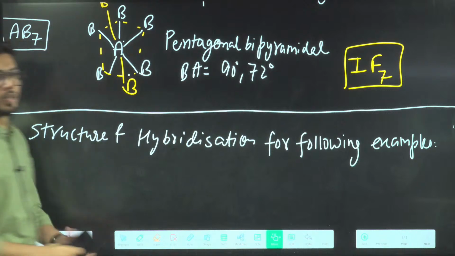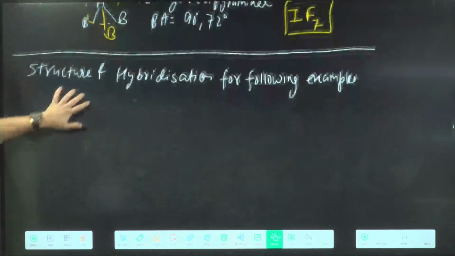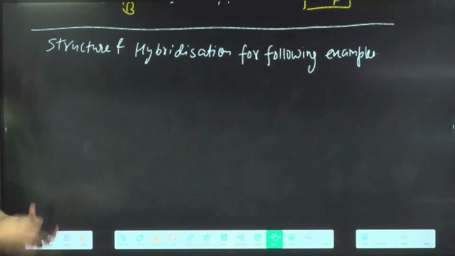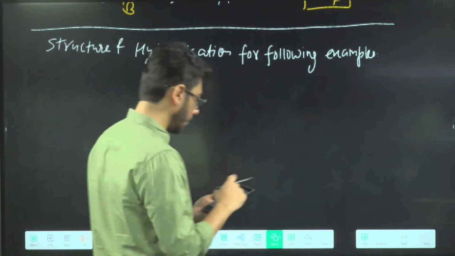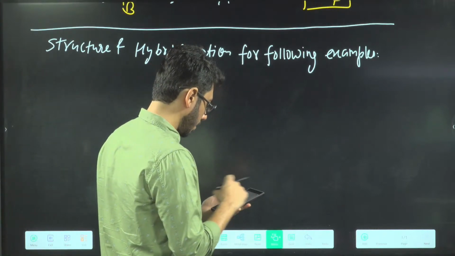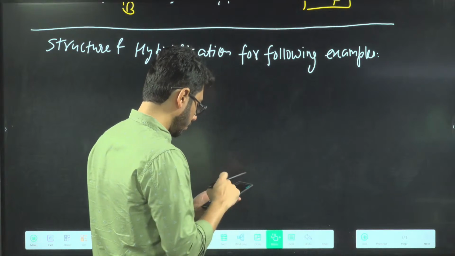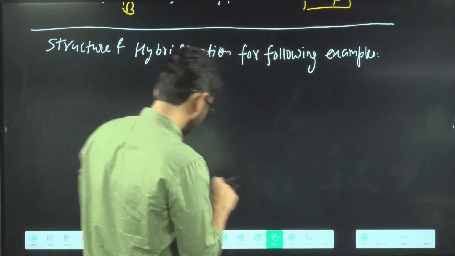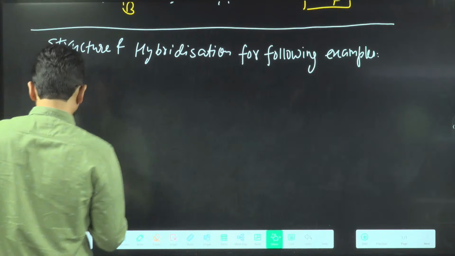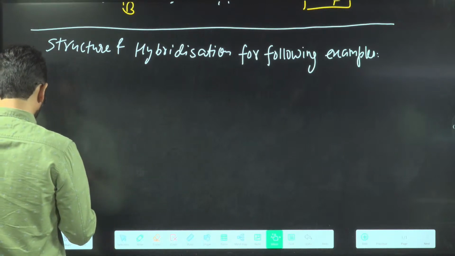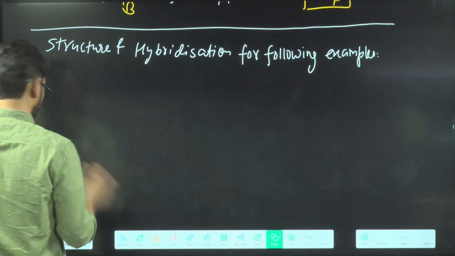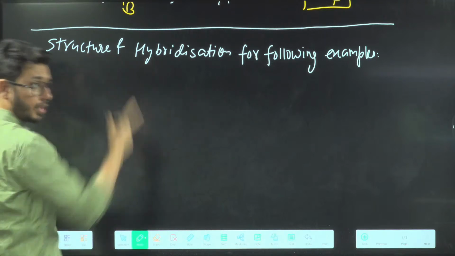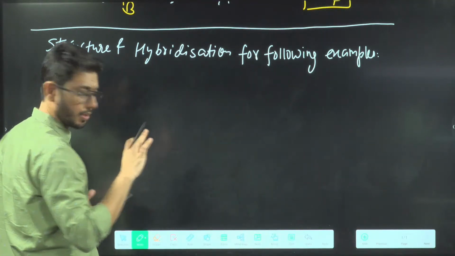Okay? You will try these questions. Some are already completed, but still for practice you can write. I'm writing the questions. You will try those examples combiningly, writing the structures as well as finding the hybridization.